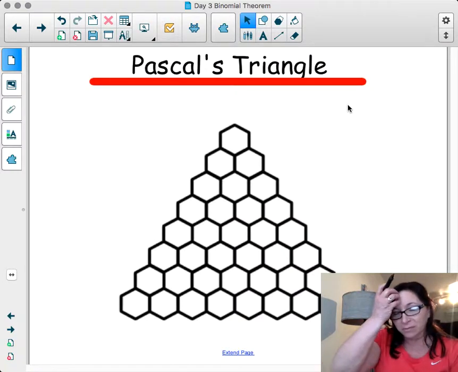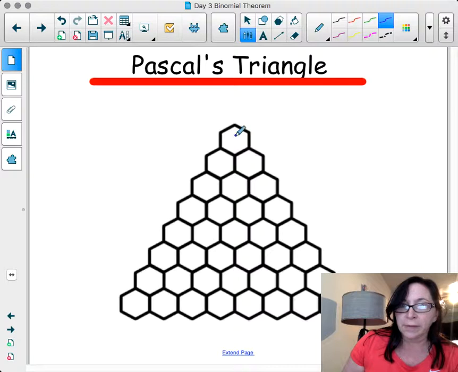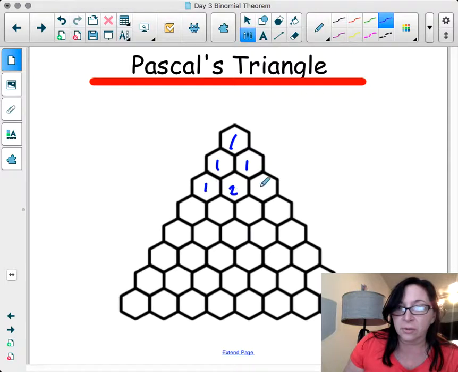Pascal's triangle looks something like this, where it starts with 1, then 1, 1, then 1, 2, 1.